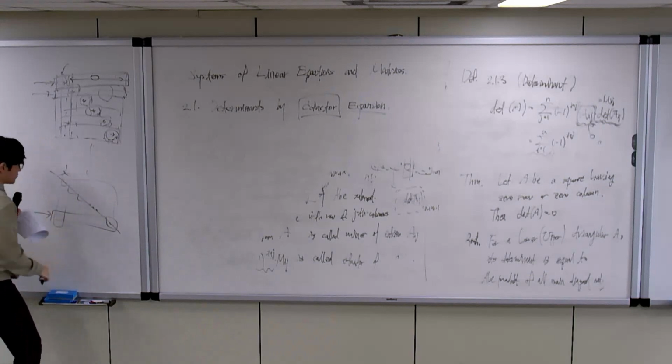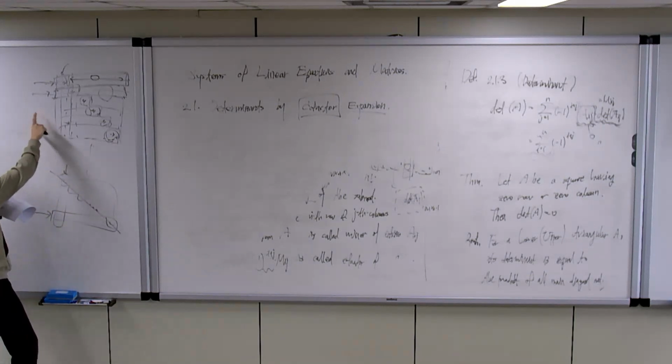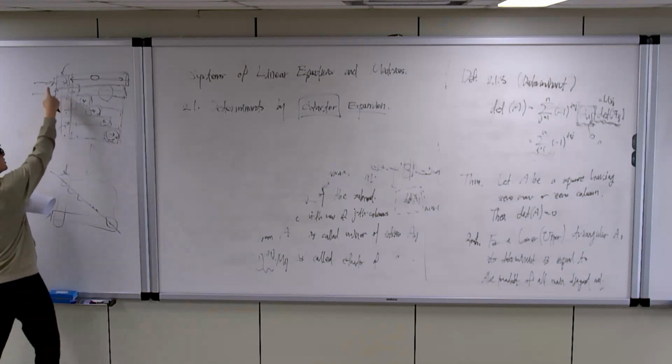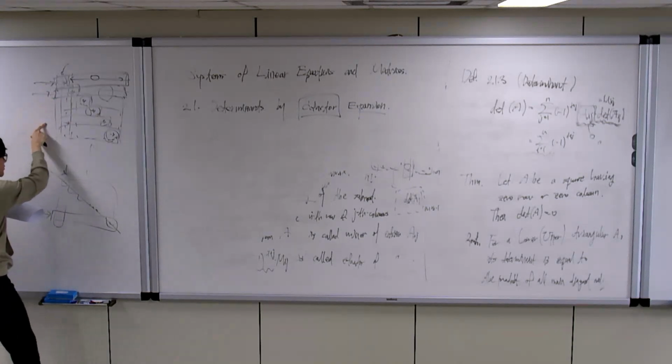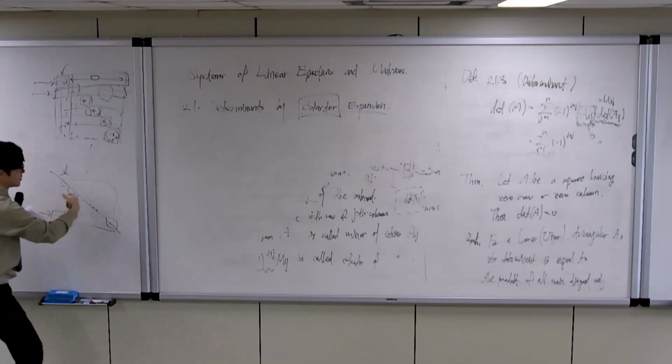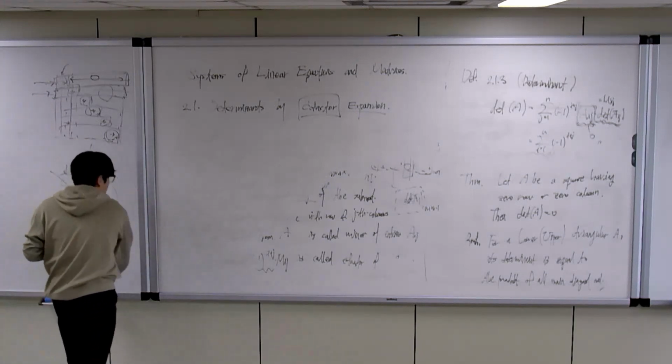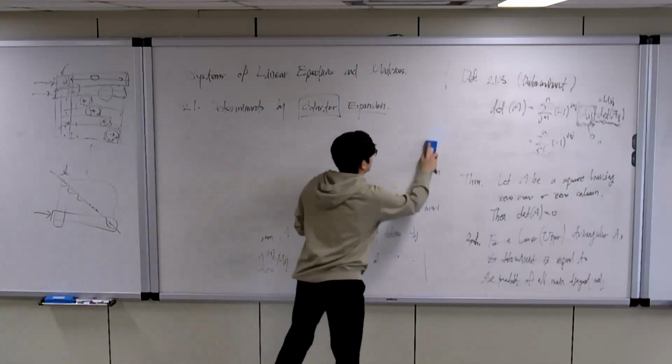From this we might think of the transposition, because the transpose of a lower triangular matrix is an upper triangular matrix.